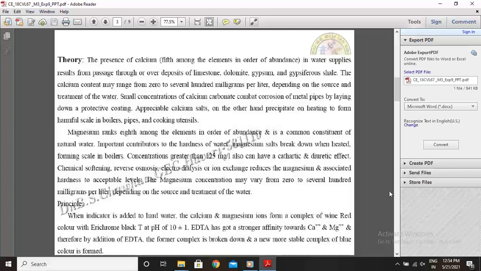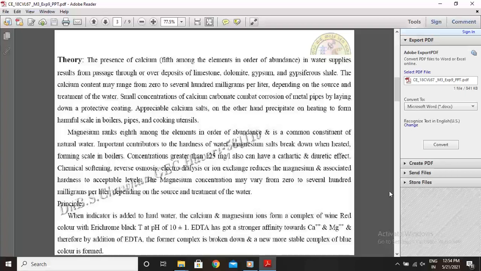Next, the concept of this experiment, that is the theory. The presence of calcium in water supplies results from passage through or over deposits of limestone, dolomite, gypsum and gypsiferous shale. The calcium content may range from 0 to several hundred milligrams per liter depending on the source and treatment of the water.